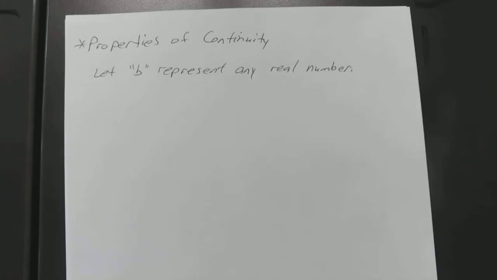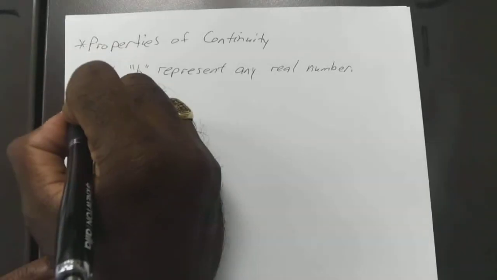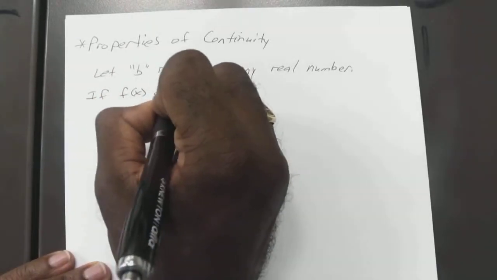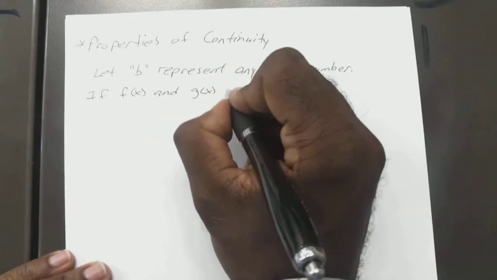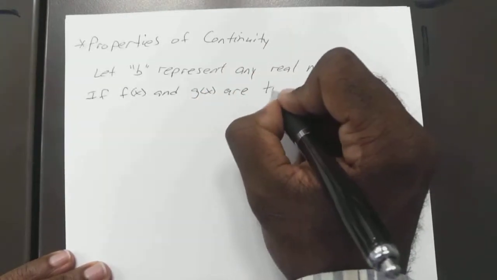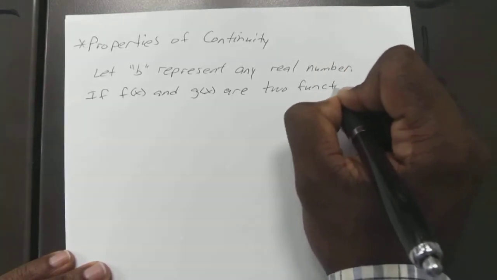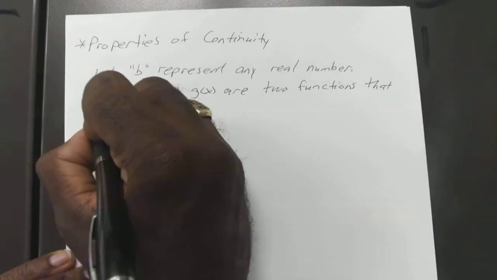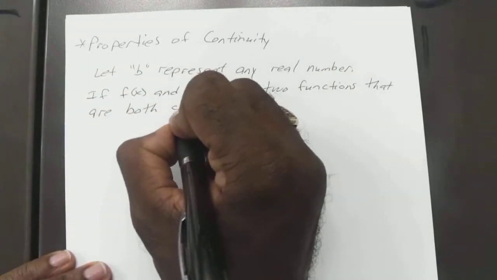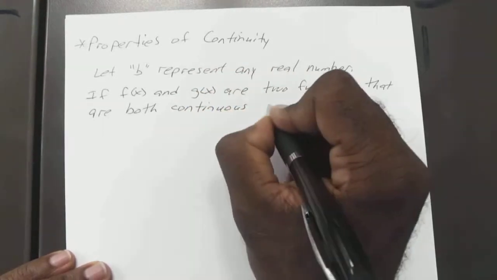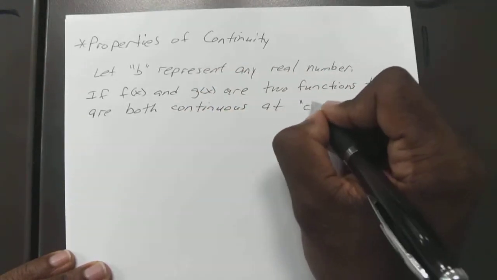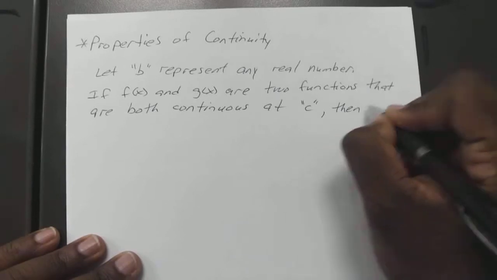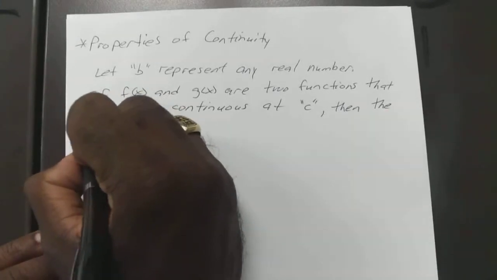We just call it B. If f of x and g of x are two functions that are both continuous at c, remember c is just some value, then the following are also continuous.